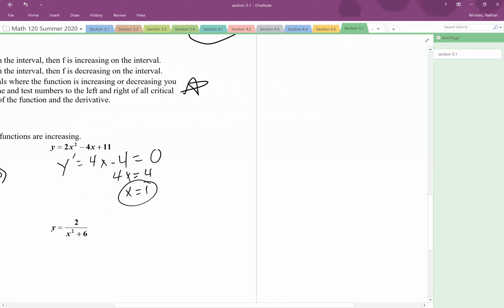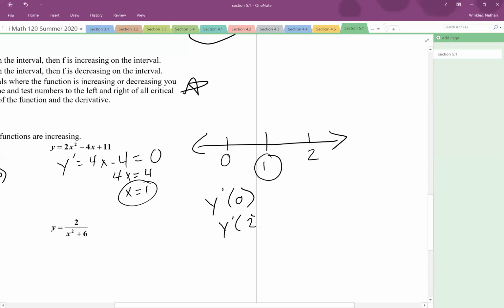Well, the easiest way to think about this process: create a number line. Put all of your critical numbers on it. I like to circle my critical numbers because I'm going to pick a value to the left and to the right of each one of my critical numbers. In this case, I only have one. I want to know what happens with y prime at 0 and y prime at 2.